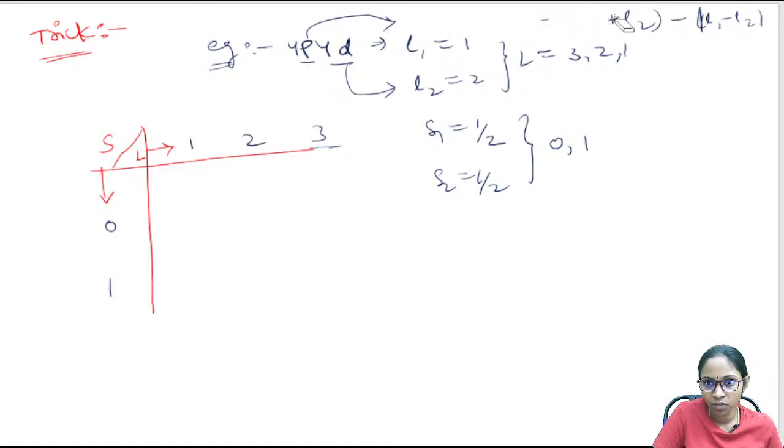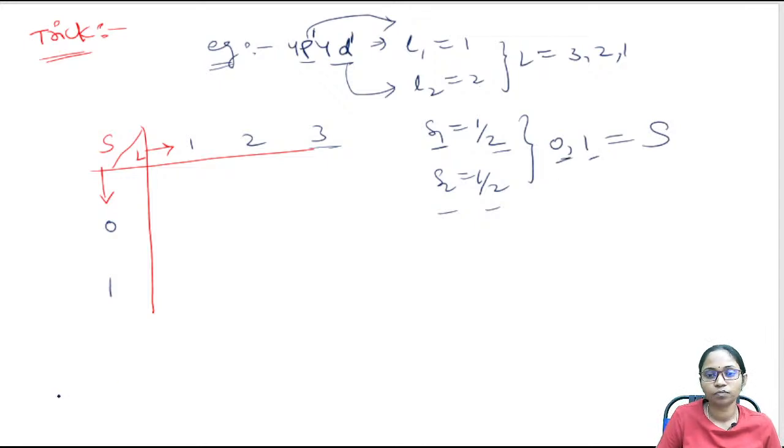And if you solve for L, you will have the values of L as 3, 2, 1. And for two electrons, here we have 1 electron and here also 1 electron, therefore S1 is 1 by 2, S2 is 1 by 2, and if you solve for capital S, you will have 0 and 1.